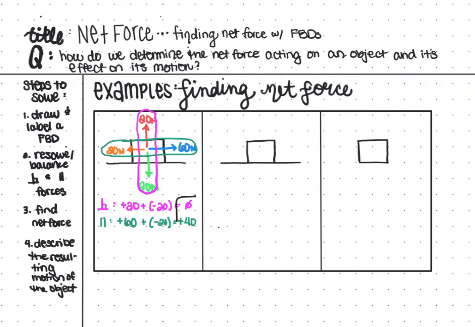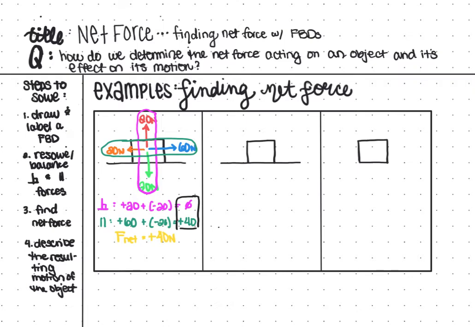I'm then going to do a quick math problem here. 0 plus 40 is going to give me my net force. So F net equals positive 40 newtons. Again, force is a vector because we're talking about acceleration, so that positive is important.